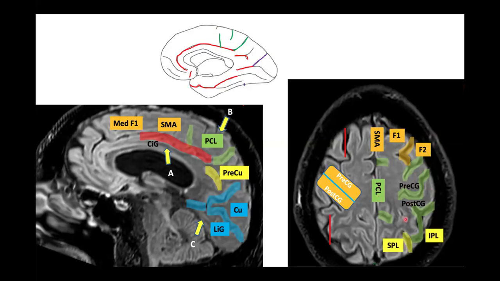On the parietal lobe, you see the intraparietal sulcus, which divides into the superior parietal lobule above and the inferior parietal lobule below. On the medial surface, we have the precuneus. It's very beautiful anatomy because this cut shows you the medial and lateral surfaces at the same time.